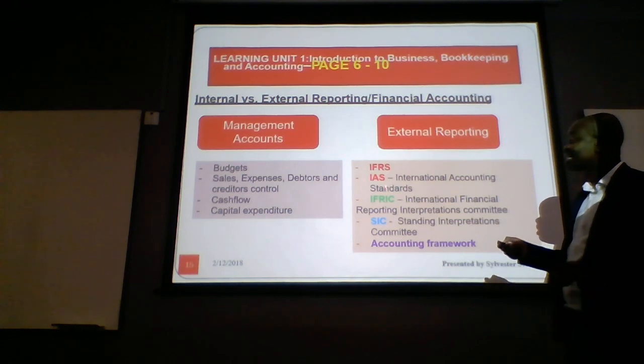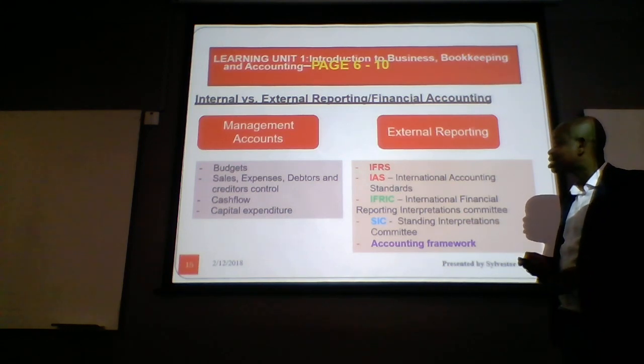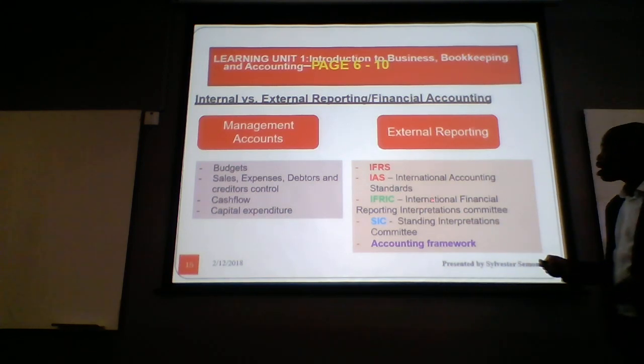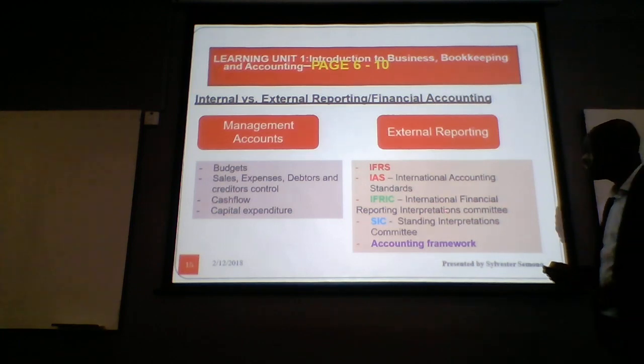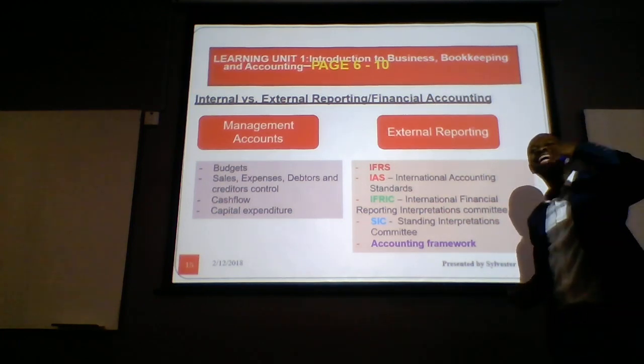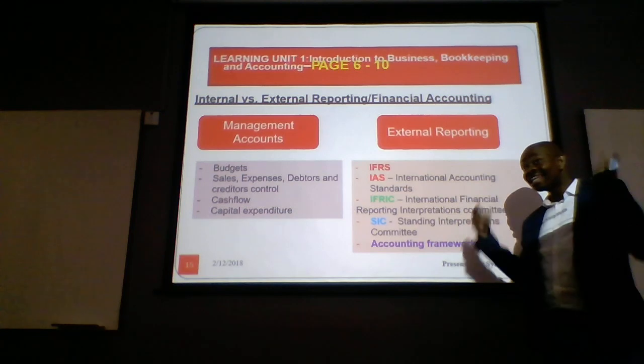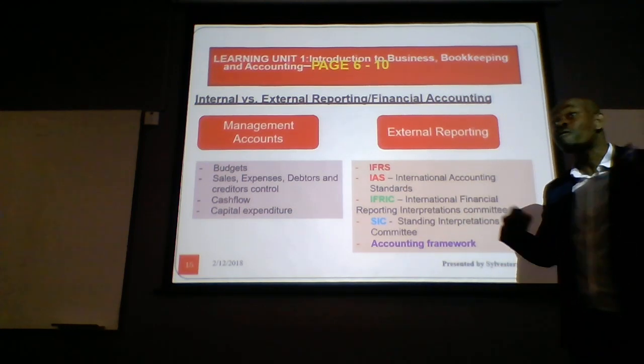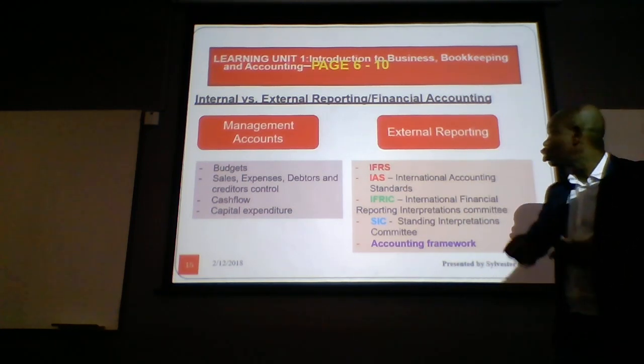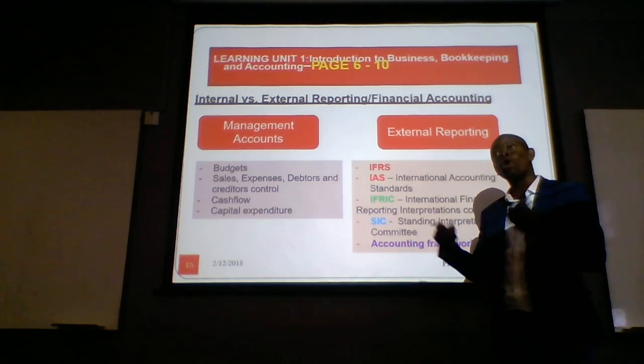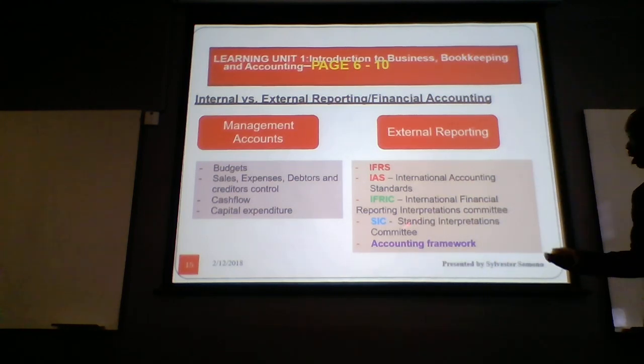You will see, as I said, when you progress with accounting, you will start using these standards. We need to know more about the International Financial Reporting Interpretations Committee. When they come with these standards, they must be interpreted for fairness. There must be a committee which oversees the whole interpretation process.